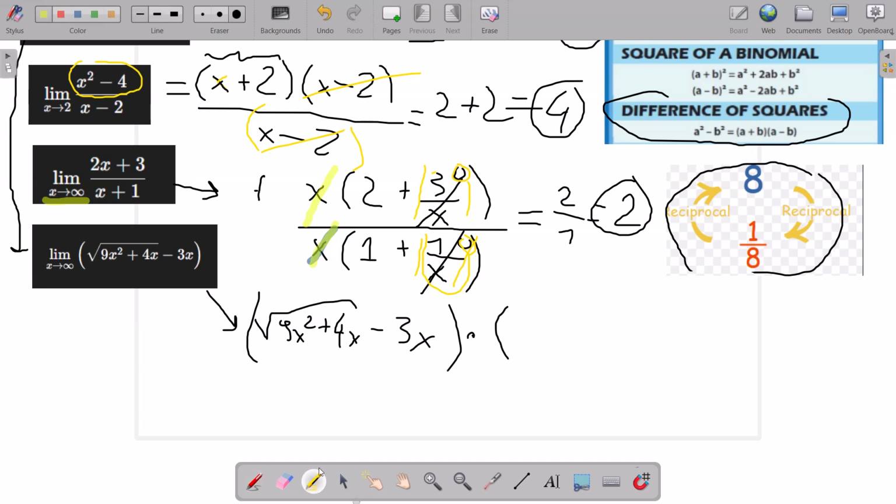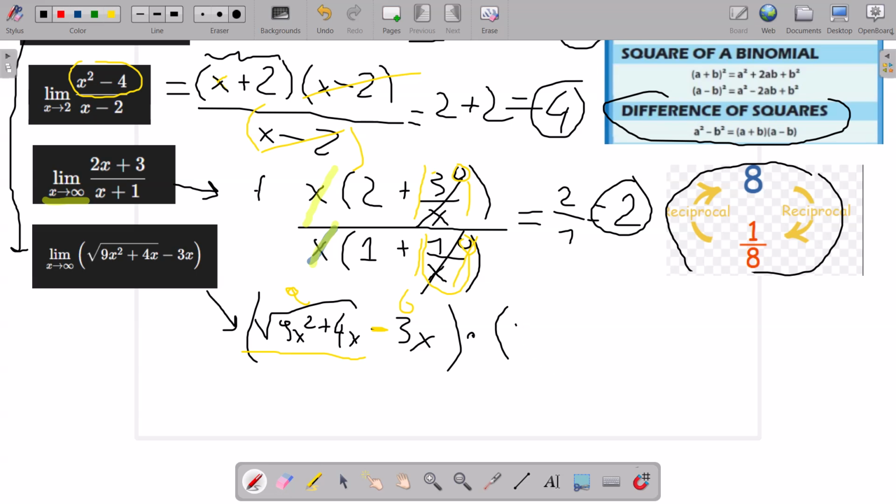You can treat this part here as your A and this as your B, because you have a minus here, which looks very similar to a squared minus b squared, but it just looks so complex here because it's under a square root, but it can be simplified.